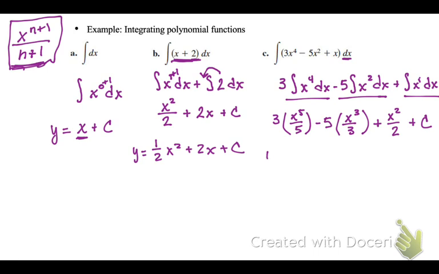So what we have is y equals 3/5 x to the 5th minus 5/3 x to the 3rd plus 1/2 x to the 2nd plus c.